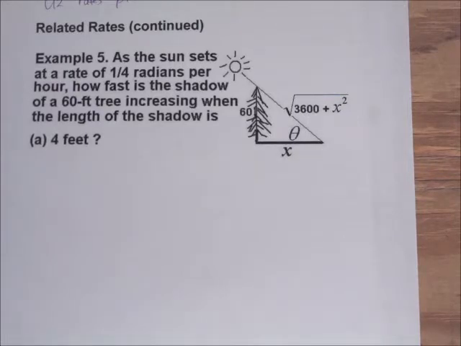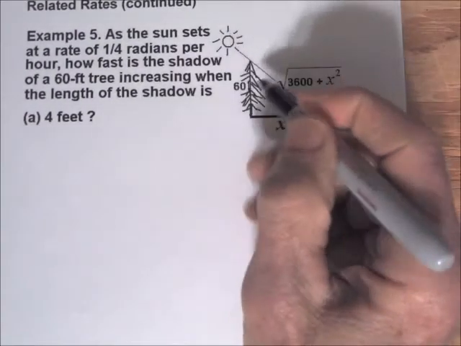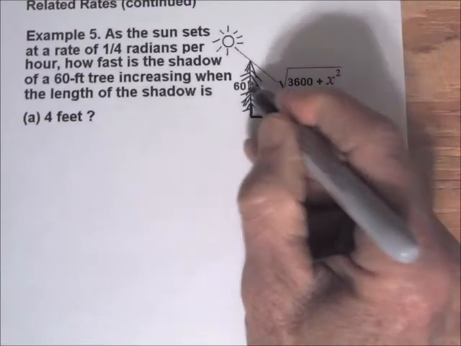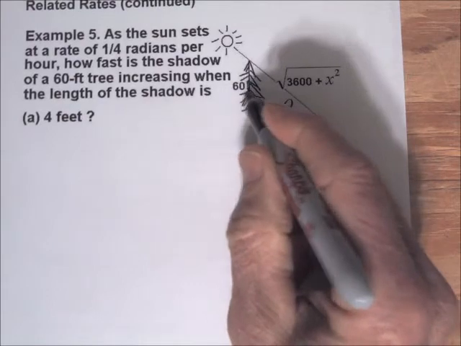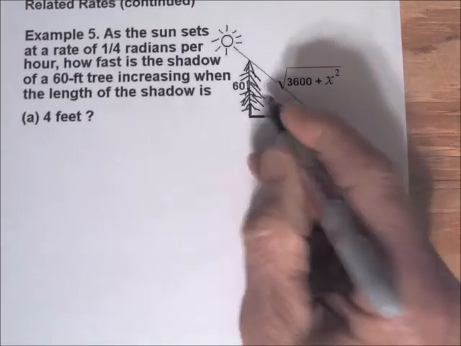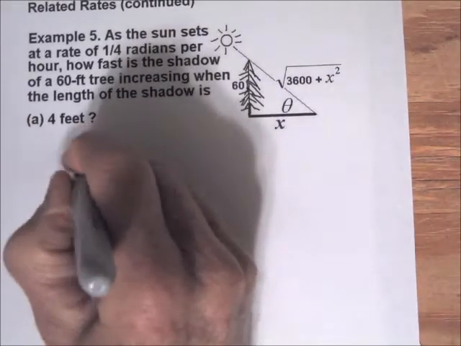Okay, so we can write down a formula involving theta and x, and there's a couple of trig functions we could use here. One of them would be the tangent. Tangent theta is equal to 60 over x.